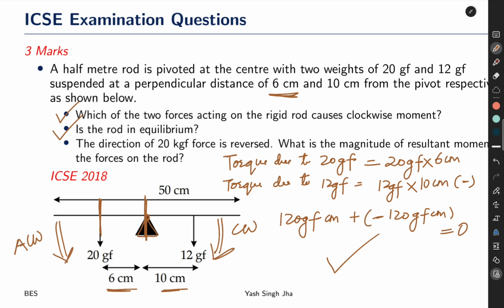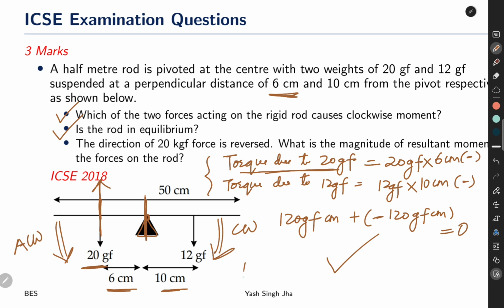The direction of the 20 gf force is reversed. The direction of this force is now upwards. What is the magnitude of resultant moments of the forces on the rod? If the direction of the 20 gf force is reversed, it becomes a clockwise moment. So in this case, torque due to 20 gf will be what? 20 gf into 6 centimeter, but negative.